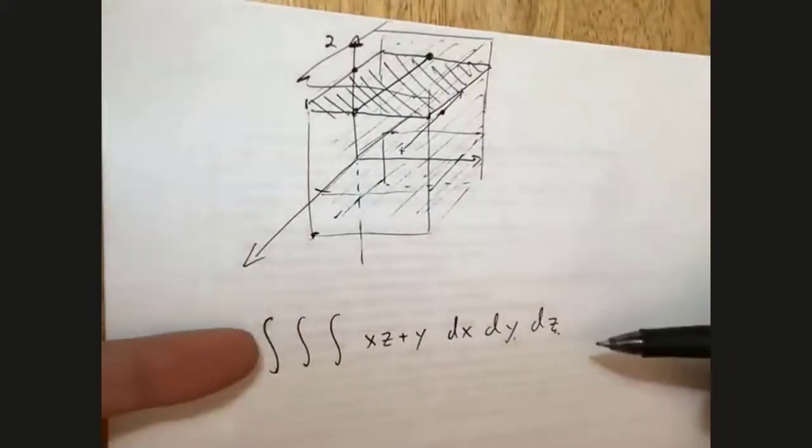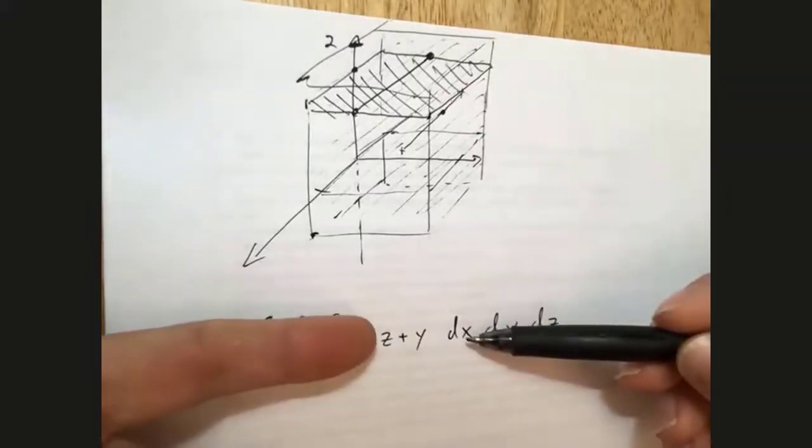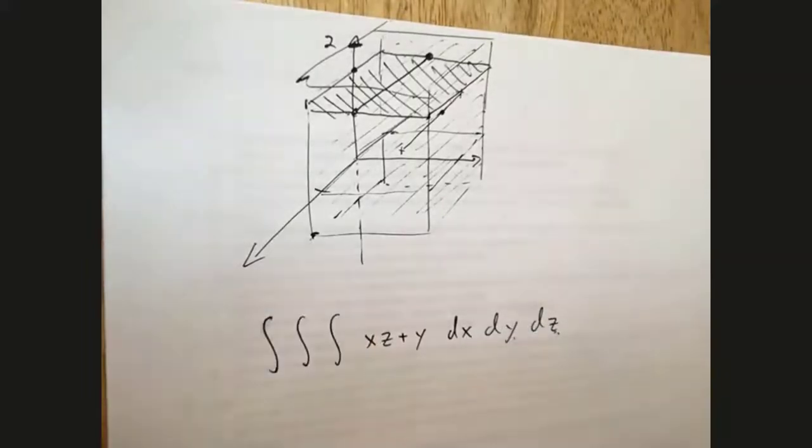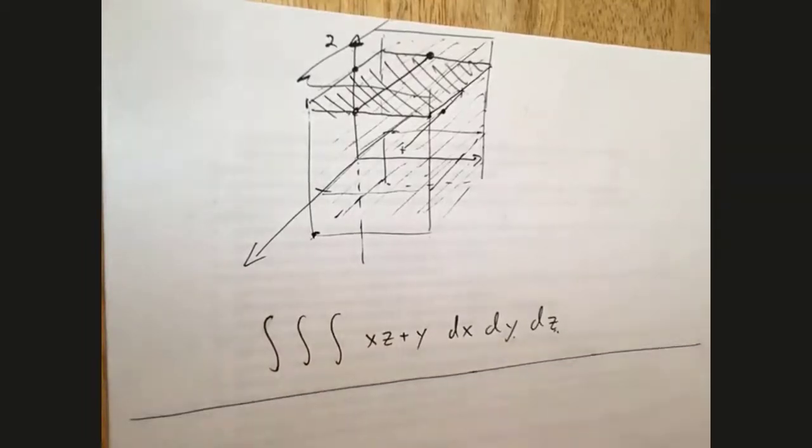And so we're breaking it down from working from the outside to the inside. And thinking about it that way is going to help us deal with integrals over regions that are a little bit more general. So for instance, I want to look at a region that's not a box. Let me pull up CalcPlot 3D here.